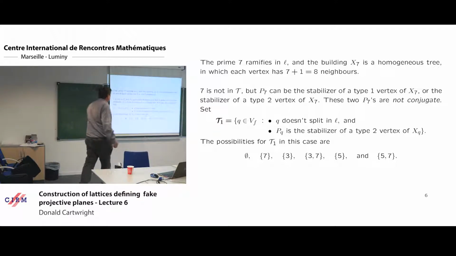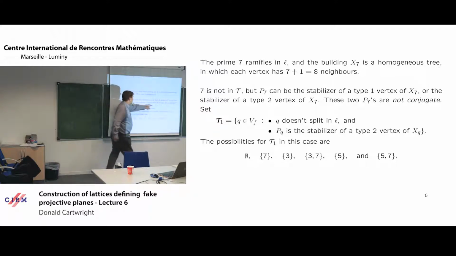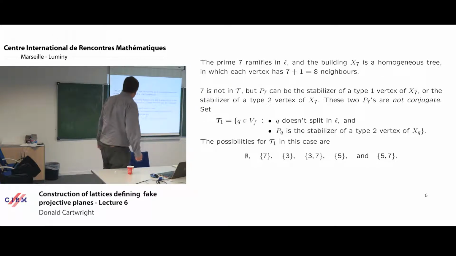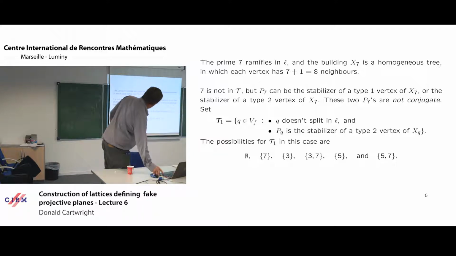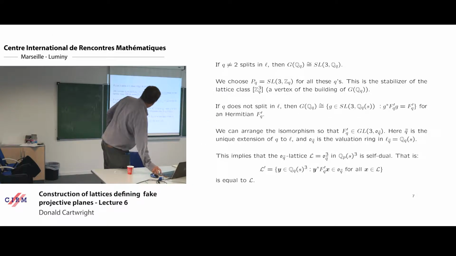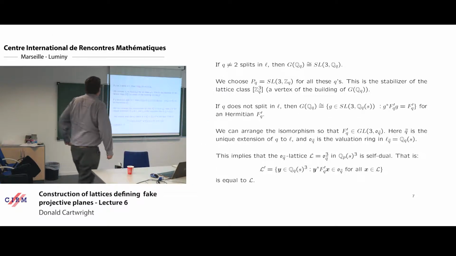When it's a stabilizer of a type 2 vertex, then it falls in T1, and so you get these possibilities as well. So that's why there are 6 things to worry about. So I'm going to concentrate on the first 2 cases, in fact, mostly on the first case.